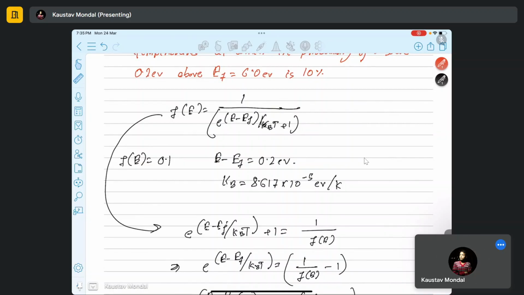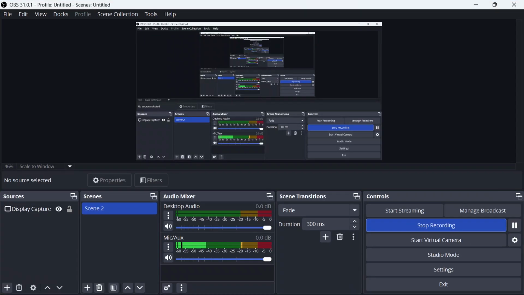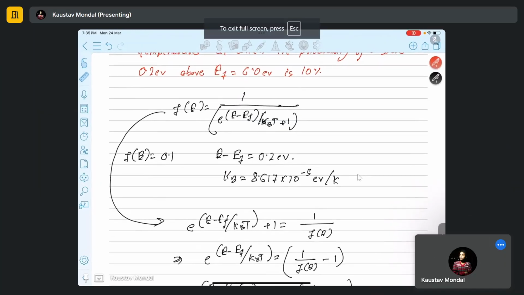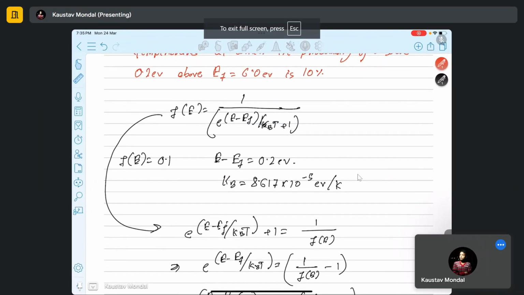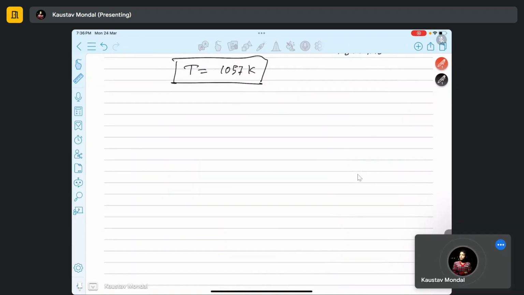Now we go to the next problem. It's a different kind of problem. So problem 4.